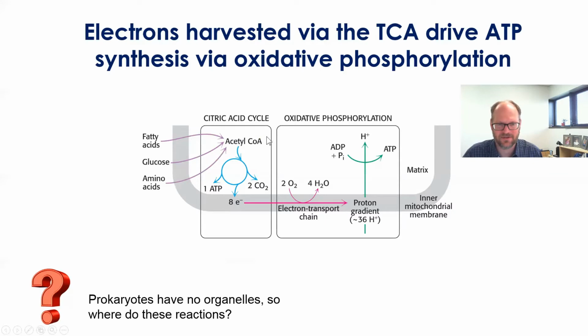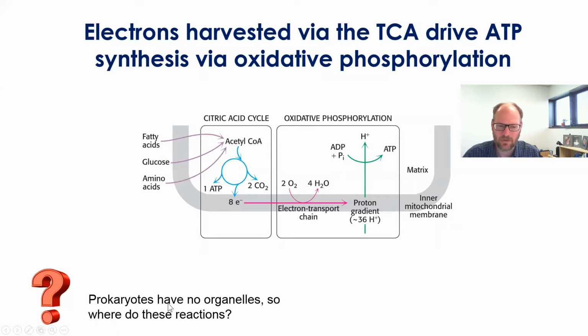So again, acetyl-CoA comes in, that has been ultimately used to harvest these high energy electrons, and they're passed along to oxygen to make water and pump protons against their gradient, and then the leaking of that proton back into the mitochondrial matrix, or in this case, intracellularly in the case of prokaryotes, is used to drive ATP synthesis.